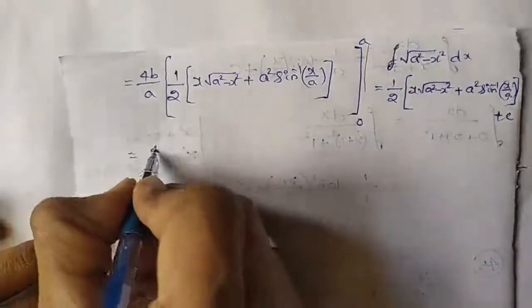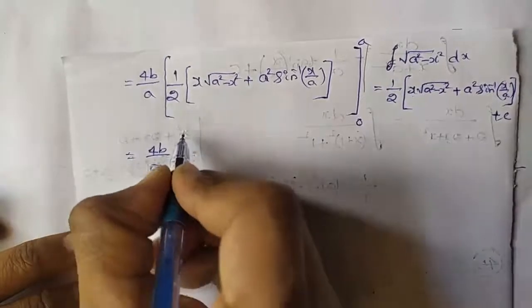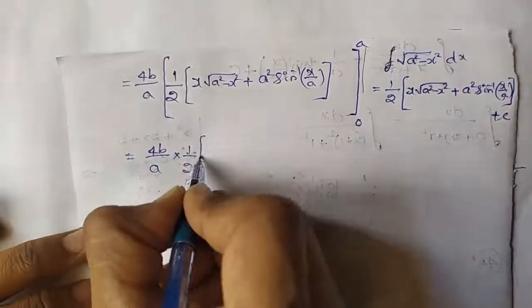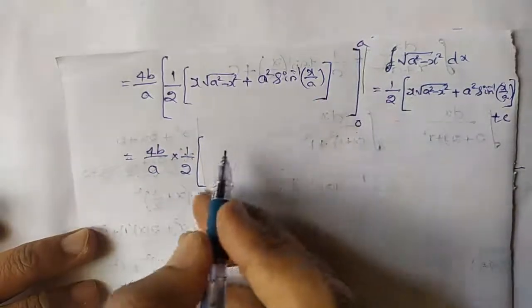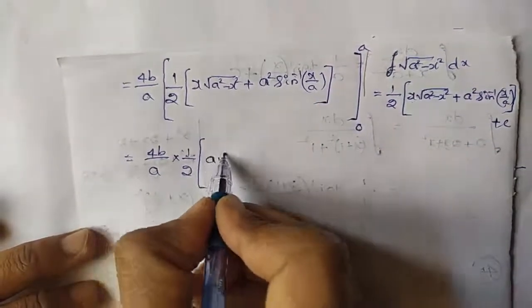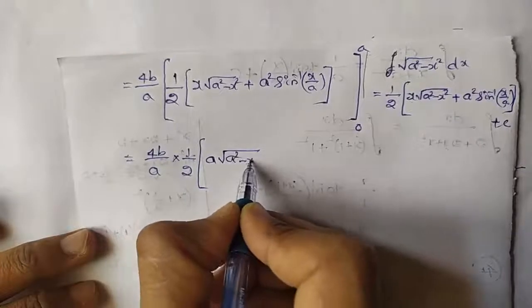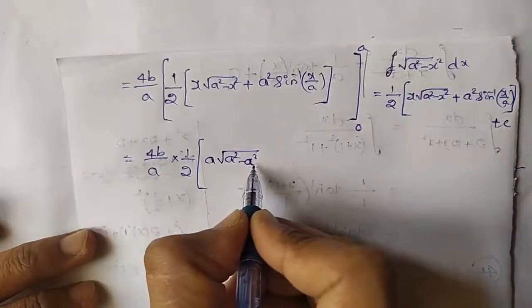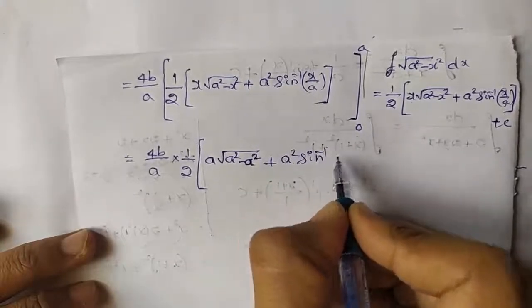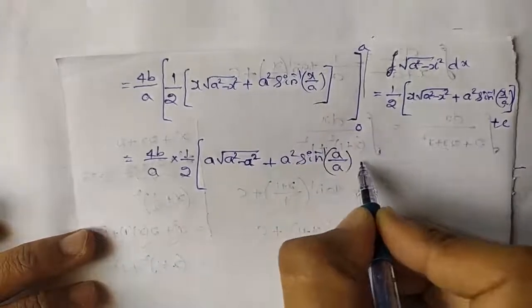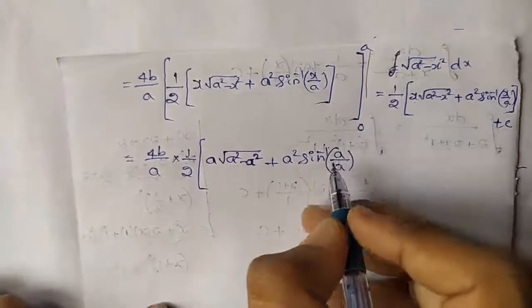That is equals to 4b by a into 1 by 2 is constant, keep it outside. Now apply the limits. In place of x, upper limit minus lower limit. So a into square root of a square minus a square, plus a square into sine inverse of a by a. Upper limit has applied.